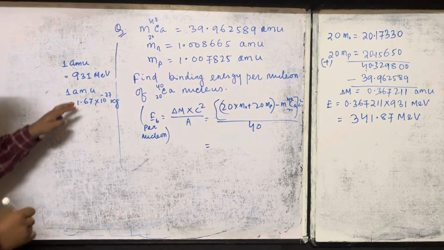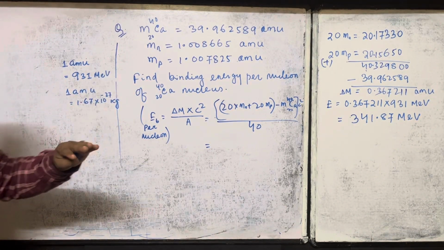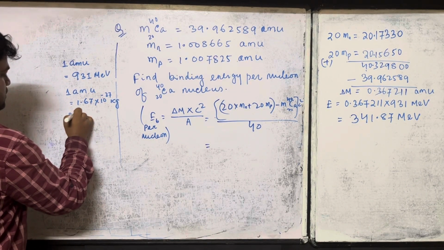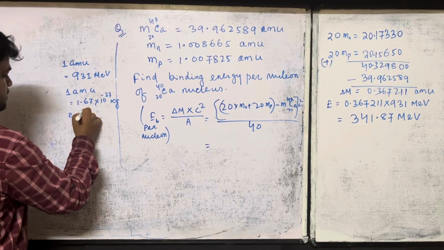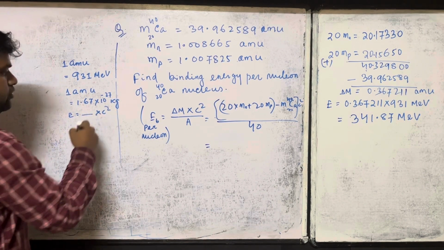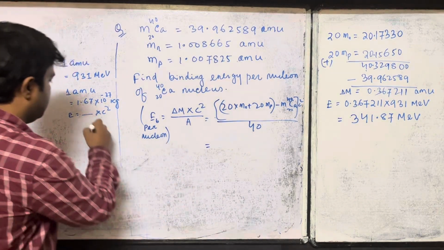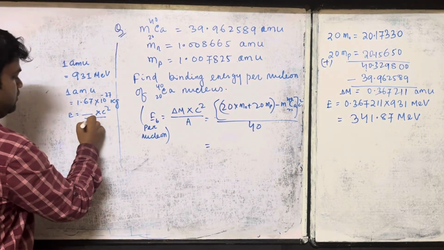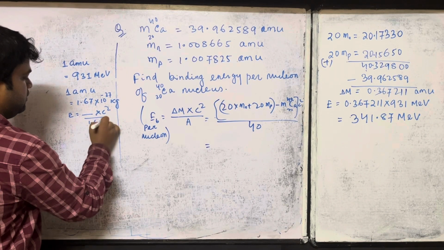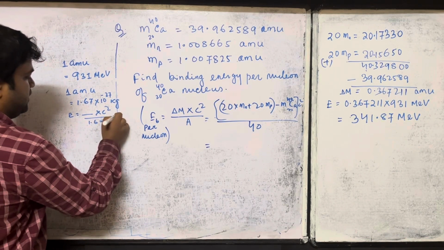Now you can convert to energy by multiplying by c square, and then to convert to eV, divide by 1.6 into 10 to the power minus 19.